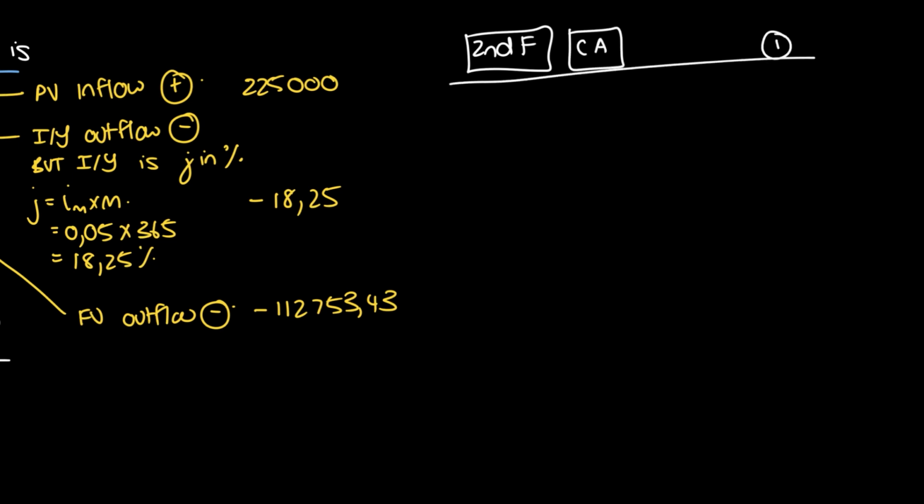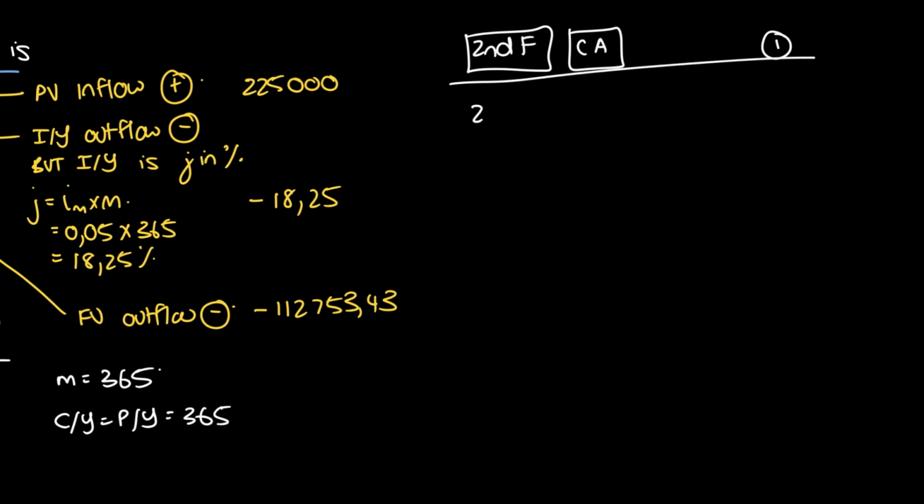That's our stage 1 process. Stage 2 is putting in our compounding periods. You'll notice I forgot to write it down in the yellow side here, but we had that M is equal to 365. So our CY is equal to our PY, which is equal to 365.